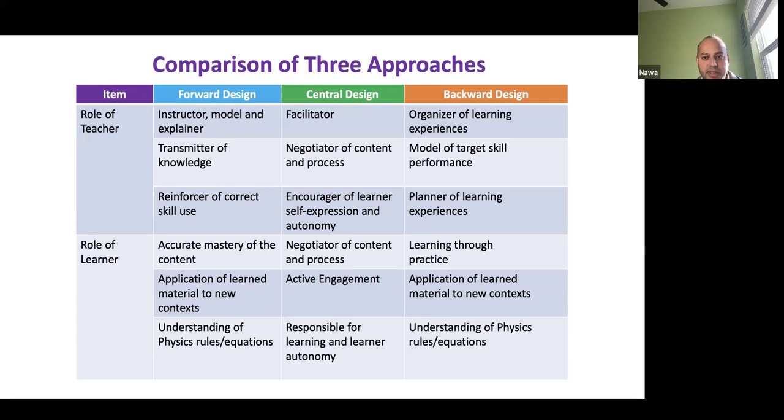It's a similar role in the backward design in terms of the learning, I think. So application of the learned material to the new context, where they should understand the physics rules and the equations. But a lot of the emphasis is on learning through the practice. So they will see how to do that, and they do that by themselves. So with practice and feedback from the teacher, they will go on learning.